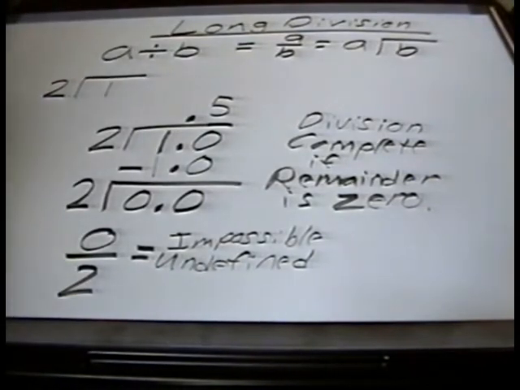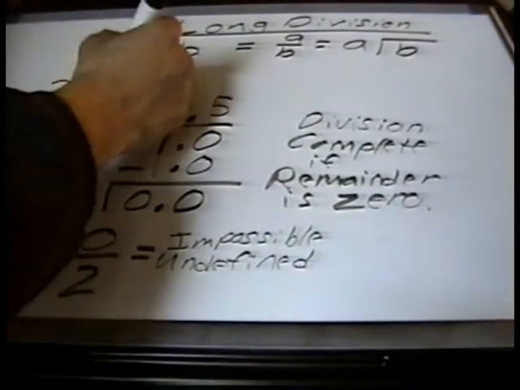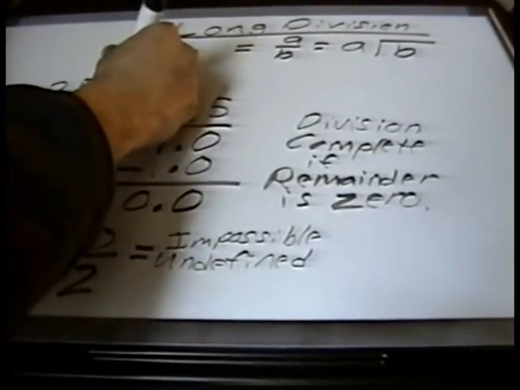Now some divisions, the remainder will never equal 0, therefore some divisions are never complete. They are simply approximations. Here, 1 divided by 2 equals 0.5. So if I was to write that in my answer here, we'll take account of my decimal point.